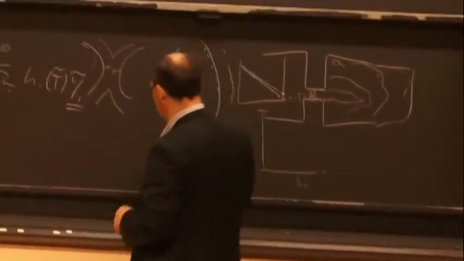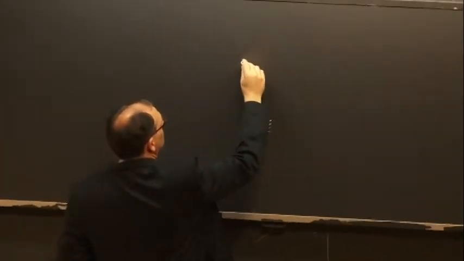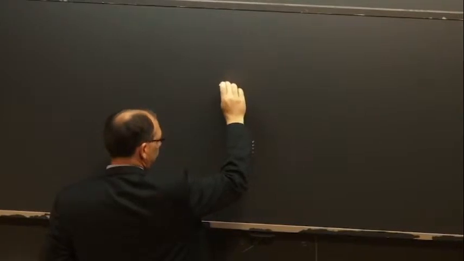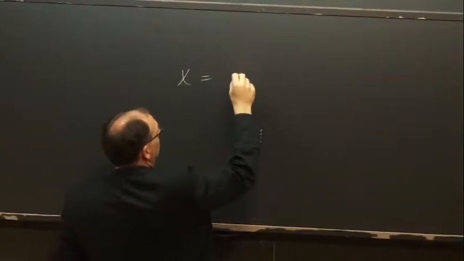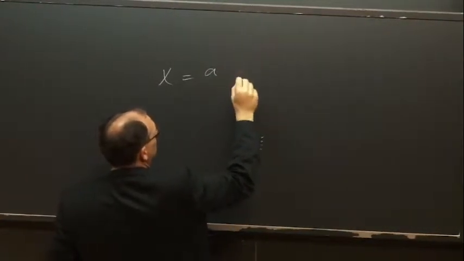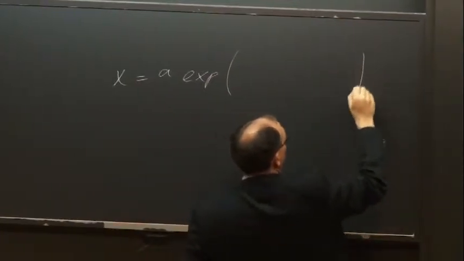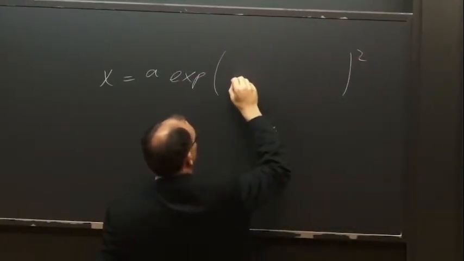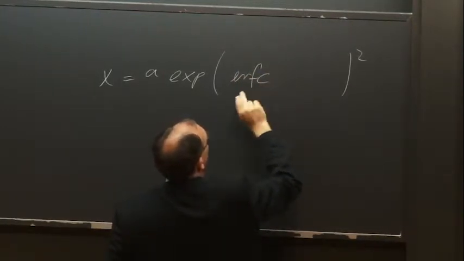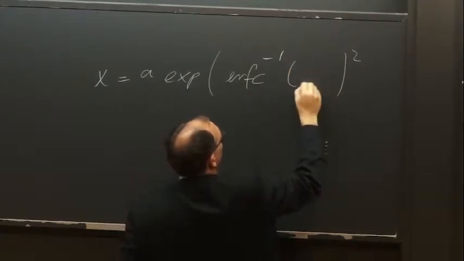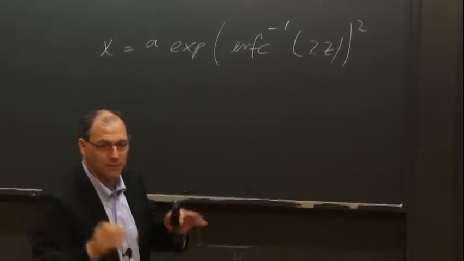I don't remember exactly what this is, but it's very complicated. It's something like this: chi is equal to something related to the strain rate, and then an exponential of something squared, which was the inverse of the complementary error function, and then this had the mixture fraction somehow. So it's something like this.